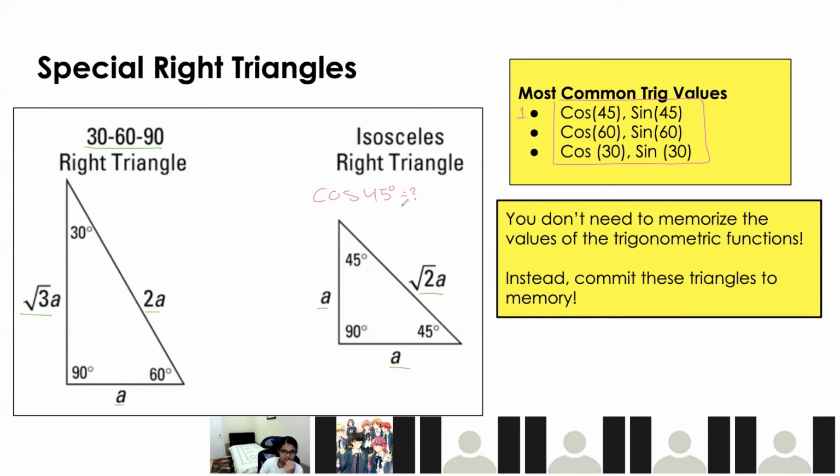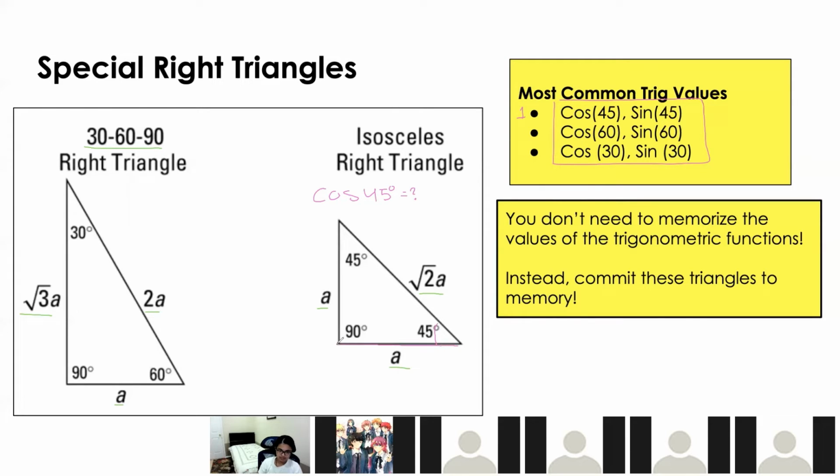No one? Remember that cosine is just adjacent over hypotenuse. Okay, a lot of people are getting it now. Okay, so cosine of A, it's just going to be adjacent.